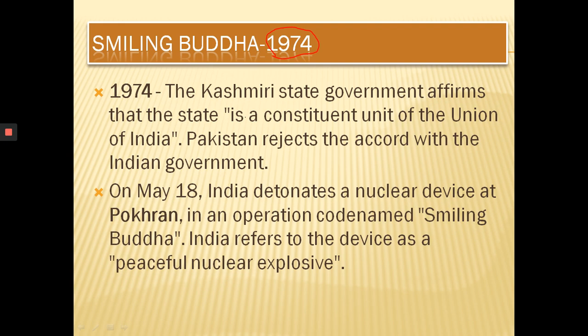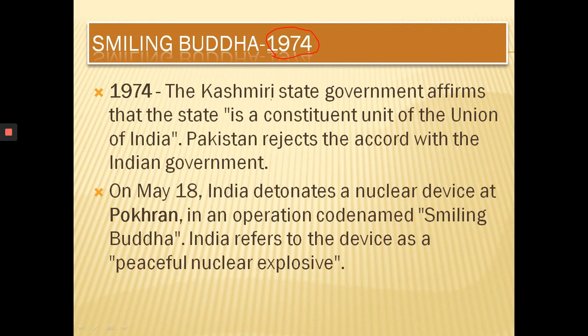India and the Kashmiri state government signed a treaty, and according to that they affirmed their loyalty to the Indian Union. But Pakistan completely rejected this accord between India and the Kashmiri state government. You know that under Article 370, they had some autonomy at that time. Right now it is not possible, but at that time they signed a treaty with the Indian central government.